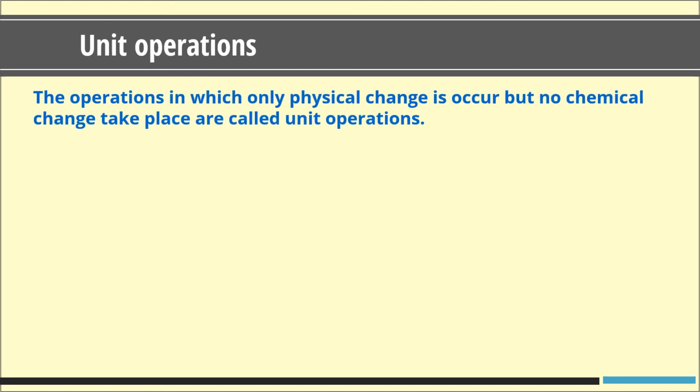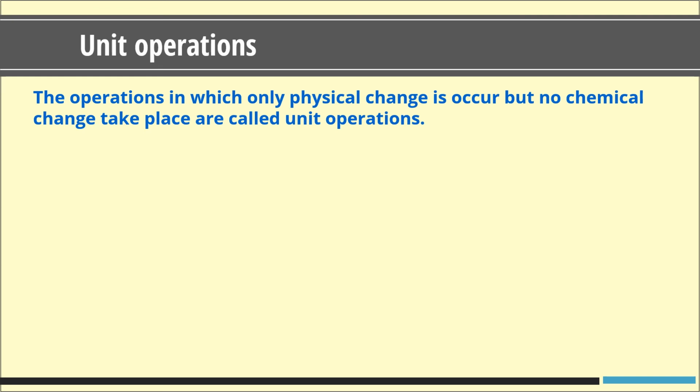What are unit operations? The operations that are carried out for designing a process, involving an engineer's work with a specific purpose with the help of special types of equipment, are called unit operations.